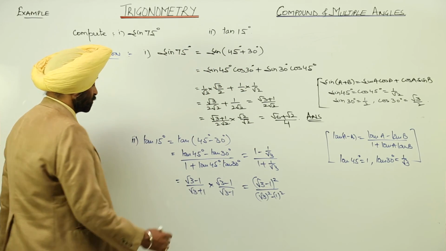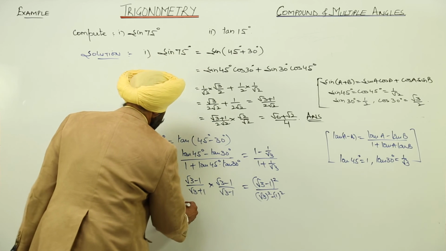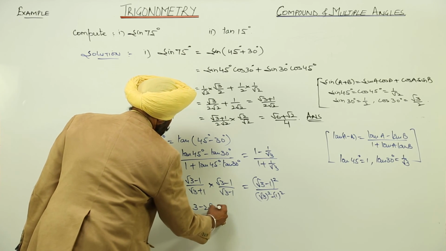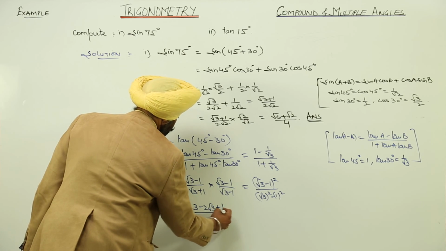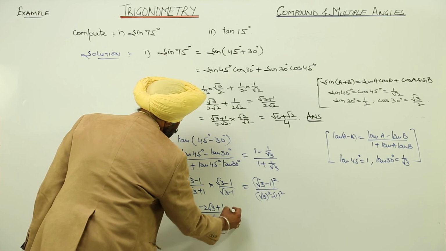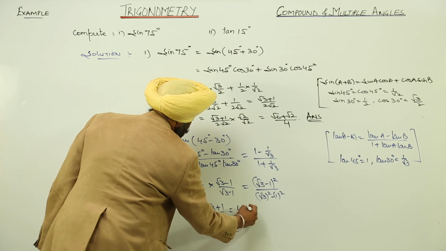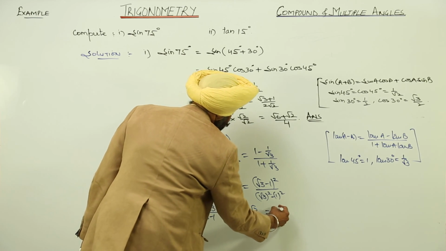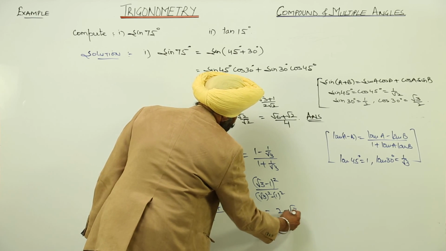Okay. So this becomes further 3 minus 2 root 3 plus 1 upon 3 minus 1, and this becomes finally 2 minus root 3.